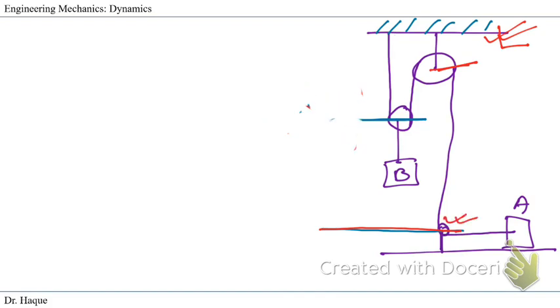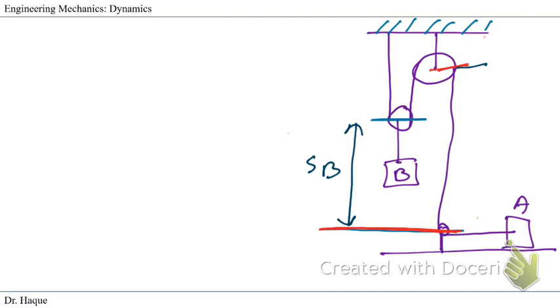So let me erase some of the part. Okay, so this time we're going to take this point as a datum. In this case, the position of pulley B from the datum is SB.